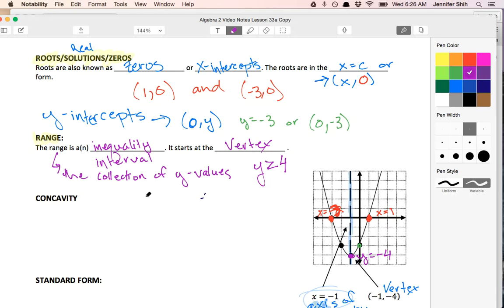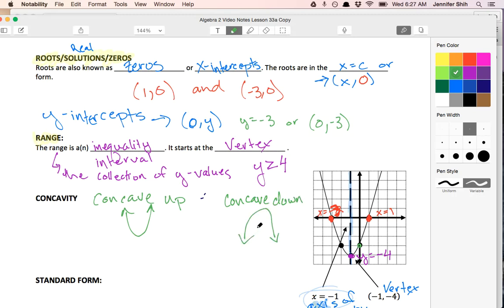Okay, concavity. There's two ways to talk about concavity. We have concave up and concave down. And you will probably hear this in all of your math classes.